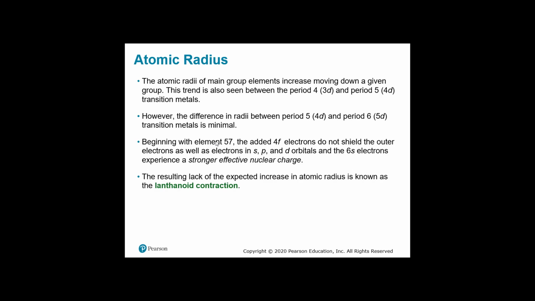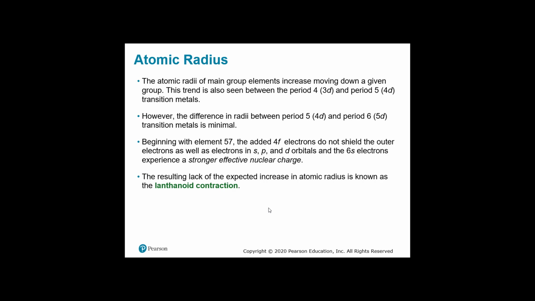That poor shielding of the 4f subshell and the increase in nuclear charge, because remember, as you go across you're also increasing an electron and a proton, results in the 6s electrons experiencing a stronger effective nuclear charge.